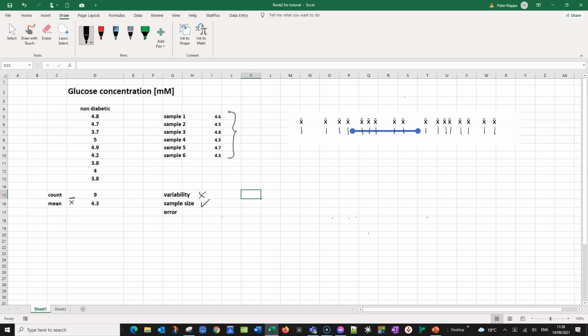So instead of 9 observations in my sample, I can increase the sample size to 90, 900, 9,000 if I've got the resources, but I've got control over that. And the last bit is what is called the error that we are willing to accept. Again, that is something we have total control over. But what is this error? What am I talking about?